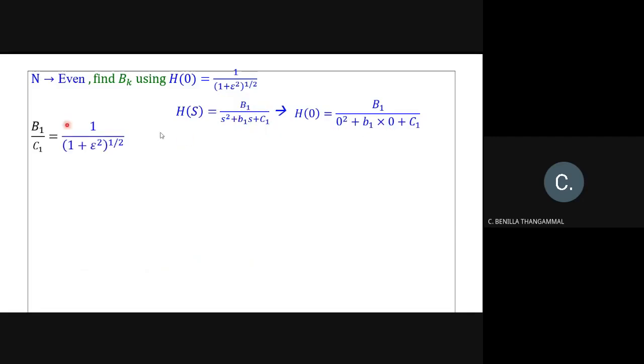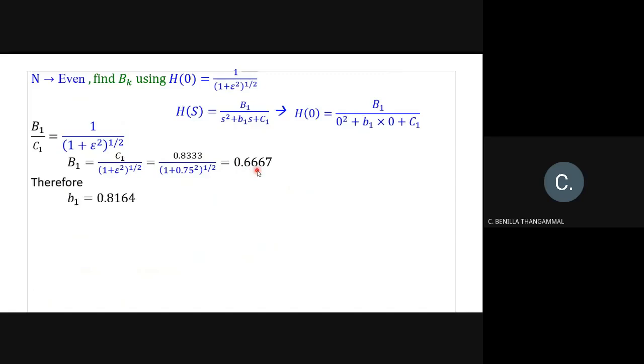So B1 divided by c1 should be equated to 1 divided by (1 + ε²)^(1/2). So B1 is nothing but, taking your c1 here, c1 divided by (1 + ε²)^(1/2). So B1 is 0.8333 divided by (1 + 0.75²)^(1/2). So the value is 0.6667.